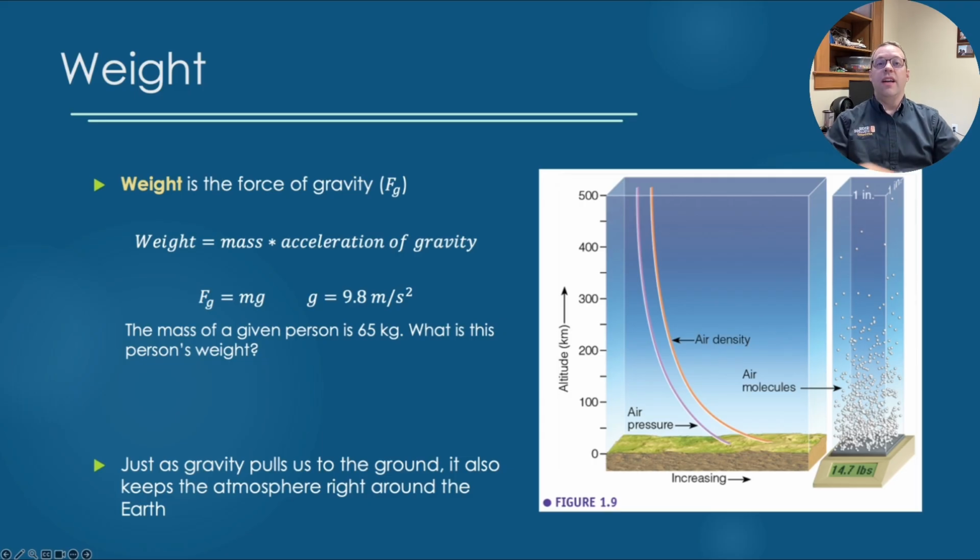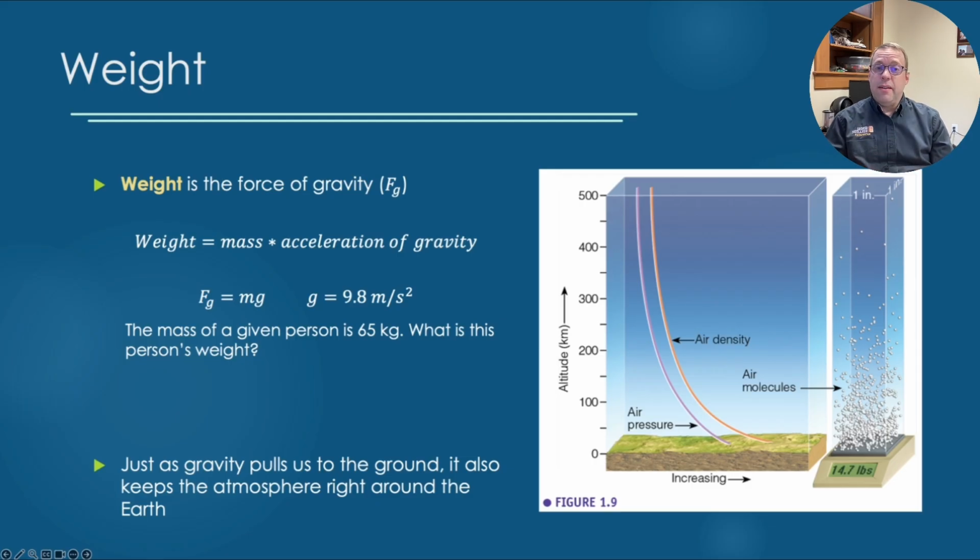Another second later, it will be going twice that speed at 19.6 meters per second, and so on. Every second that passes, it will speed up by 9.8 meters per second. And that's what this G variable is that you see on the slide here, 9.8 meters per second every second. So that's meters per second squared.